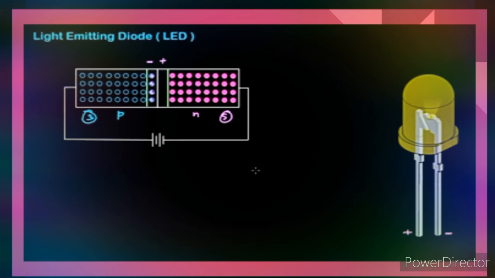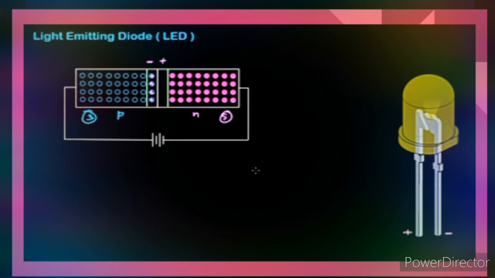A normal PN junction diode allows electrical current in only one direction. It allows electrical current when forward biased and does not allow electrical current when reverse biased. Thus, a normal PN junction diode operates only in forward bias condition. Like a normal PN junction diode, an LED operates only in forward bias condition.